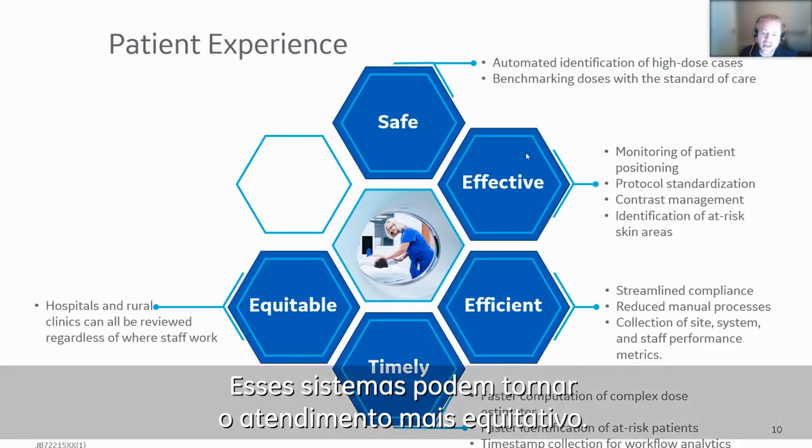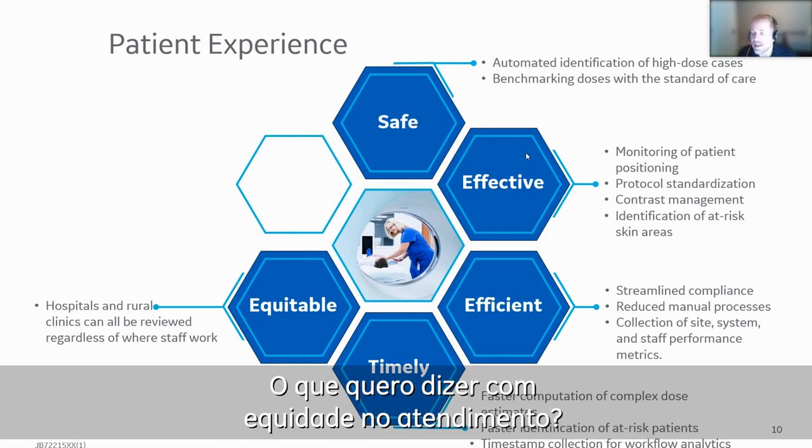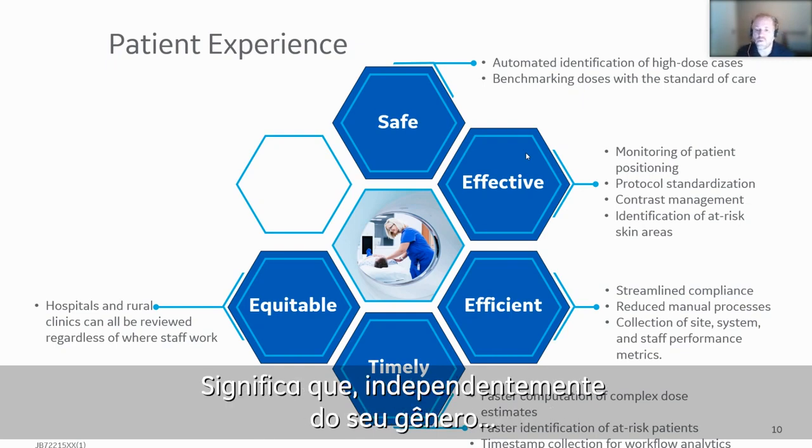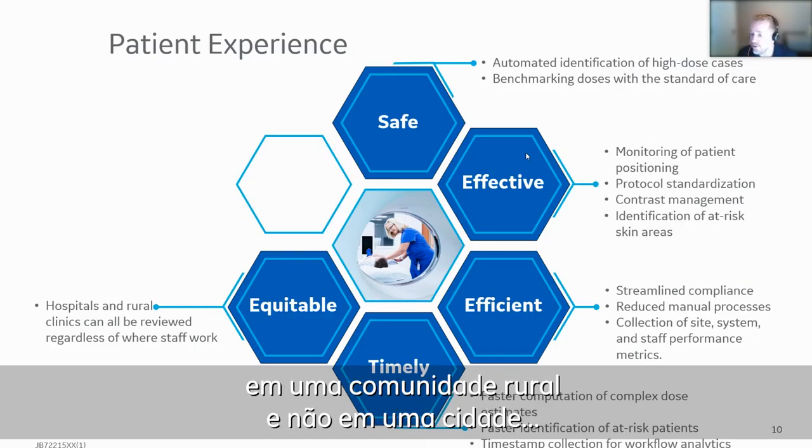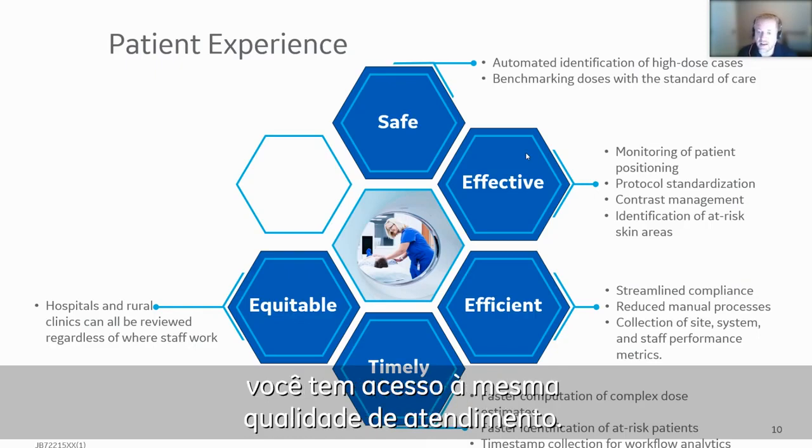These systems can make care more equitable. What do I mean by equity of care? It means that regardless of your, say, gender or your economic status, or the fact that you live in a rural community versus a city, you have access to the same quality of care.